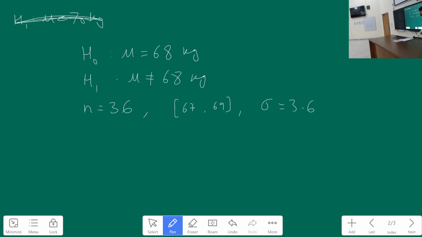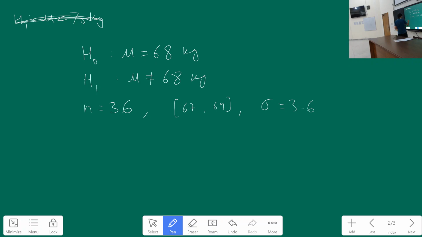If we don't know it, what do we do? We replace it with the estimate S, and then all of the next steps will not use the normal distribution, they will use the T distribution. So that changes, but otherwise it's the same story.